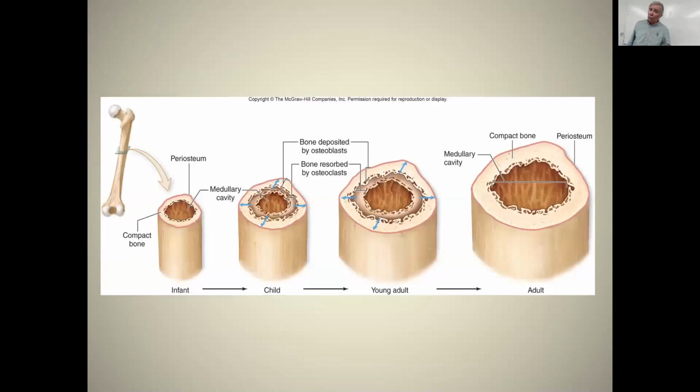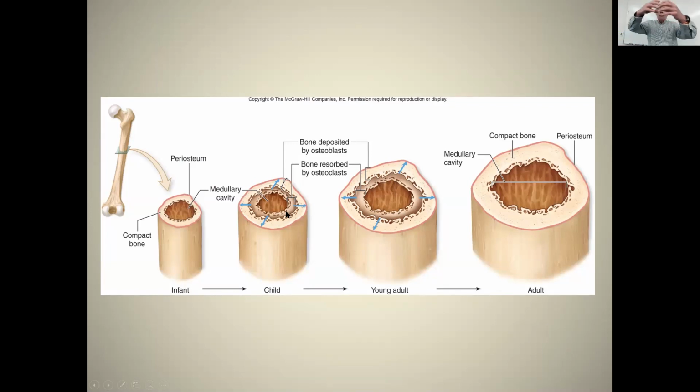But here is appositional growth. How you have an infant, child, young adult, you're getting larger, thicker and larger bones this direction. So what happens is bone is laid down on the outside by osteoblasts. Bone is chewed up on the inside by osteoclasts. So bone deposited by osteoblasts on the outside, bone resorbed by osteoclasts on the inside.